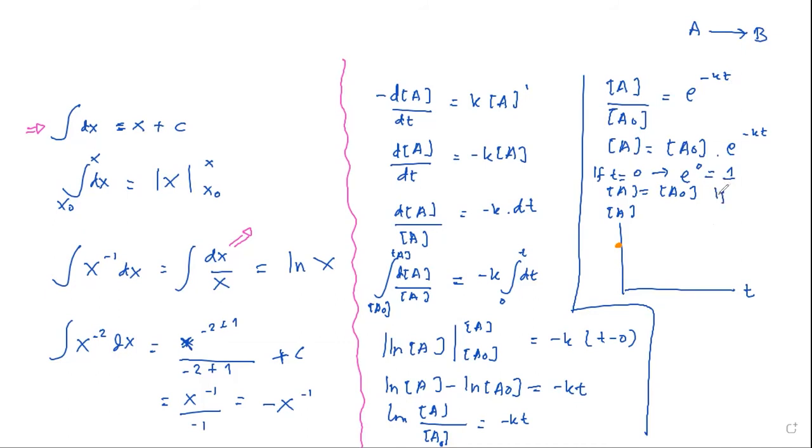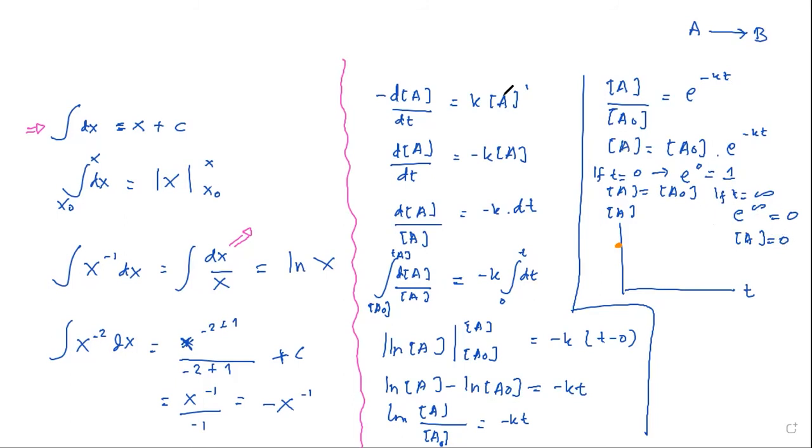How about if t is very large, like this? Then e to the power of negative infinity is equal to 0.